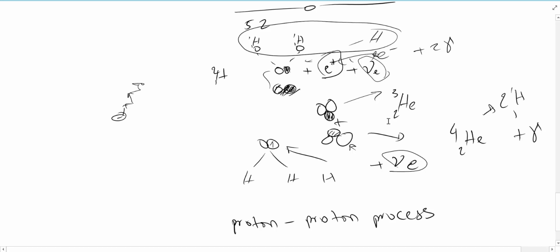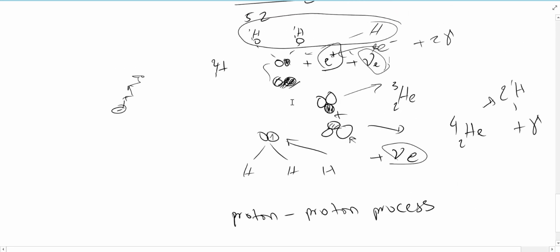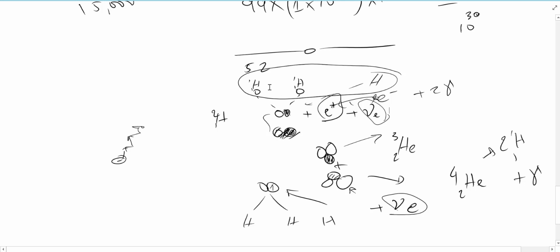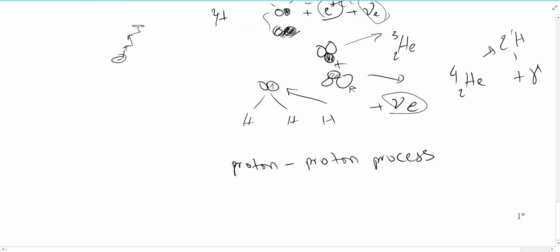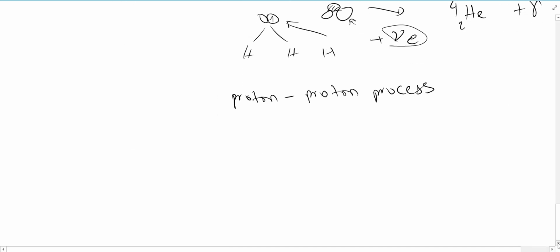There is another process that involves a shortened version of this one. So you have two protons, so this part of the cycle is true, but then you're going to have a helium in this case that is going to combine with them directly, one of them, and it's going to give you a proton plus the helium, and at the end you are still going to end up with two neutrinos, and that represents about 17% in this case.